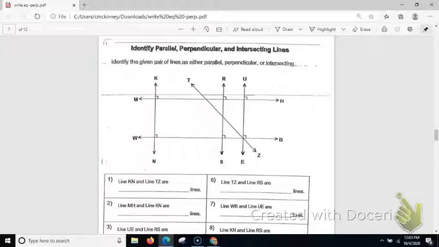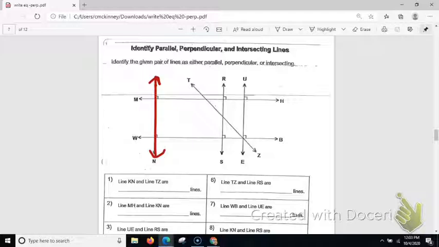If you look at the diagram here, minus my extra line, when we name these lines, we're naming them with 2 points. So when I see line KN, I'm talking about this line that goes through these 2 points. Notice it has arrows on the ends because it goes on and on forever.